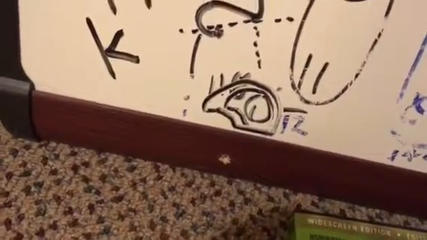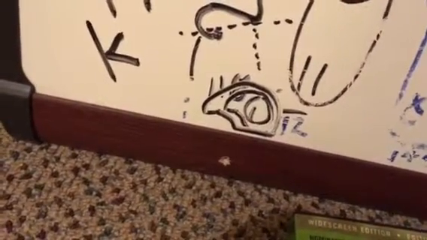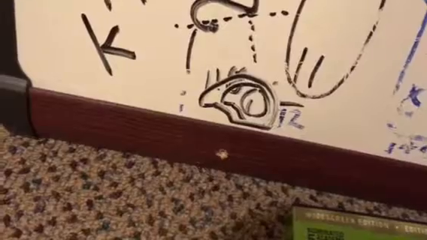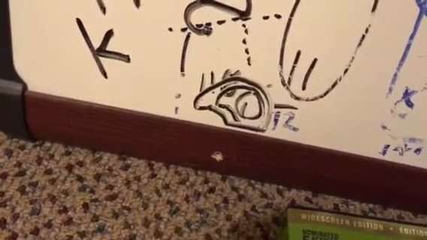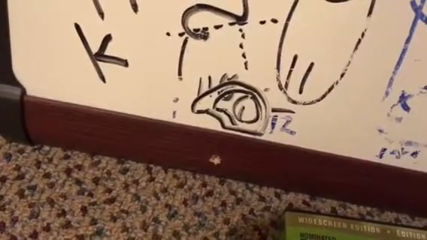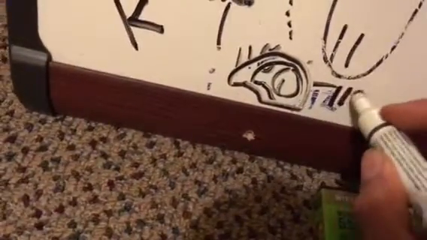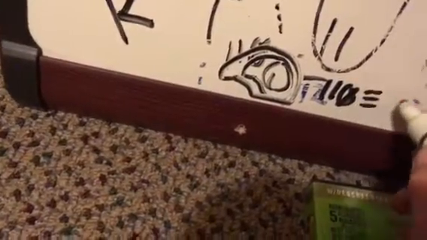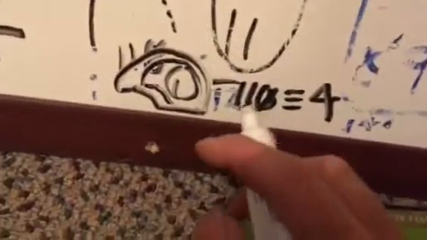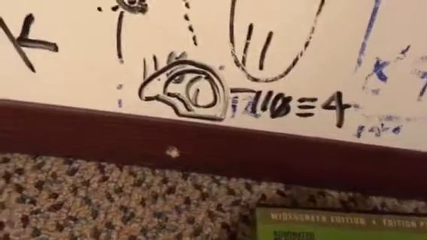Now what do you have? 1, 2, 3, 4. So 110 is equivalent to 4. I can see why. 1, 2, 3, 4.